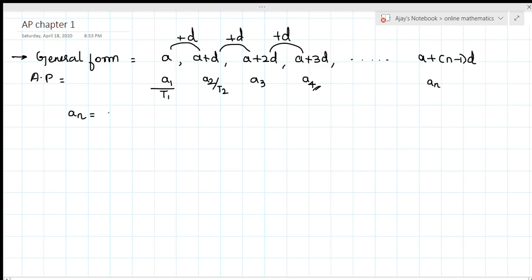It is a plus n minus 1 into d. Anything you can use, it is your convenience. Here a is called the first term, and d is called the common difference.